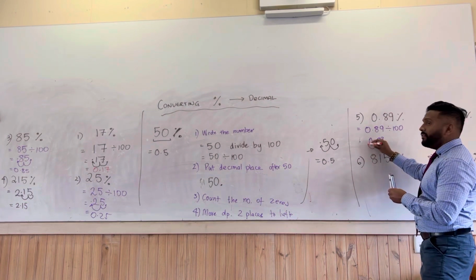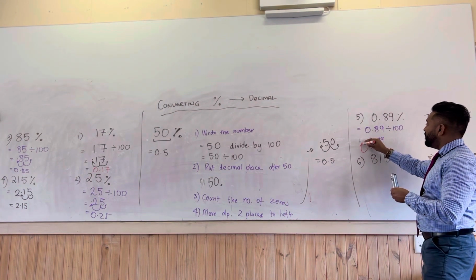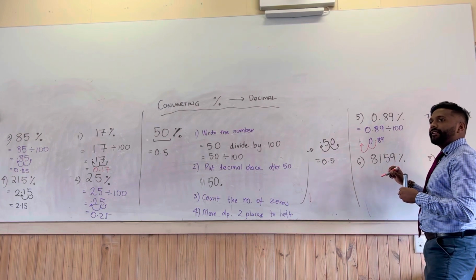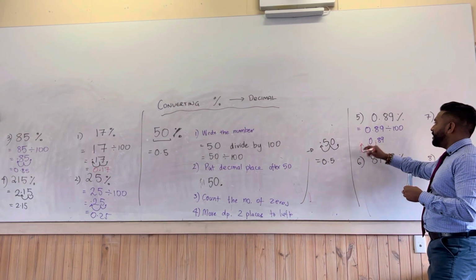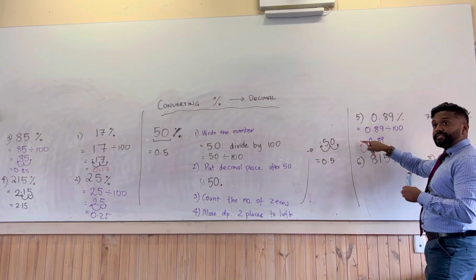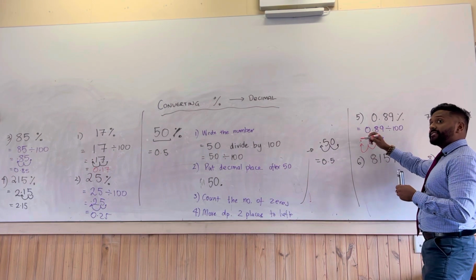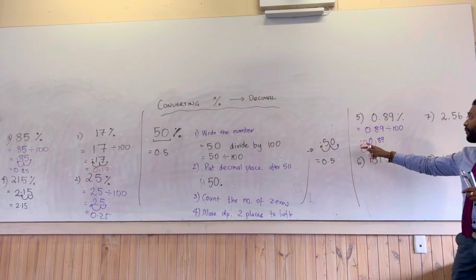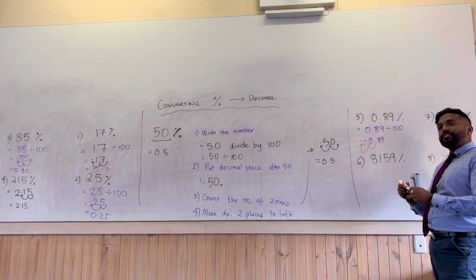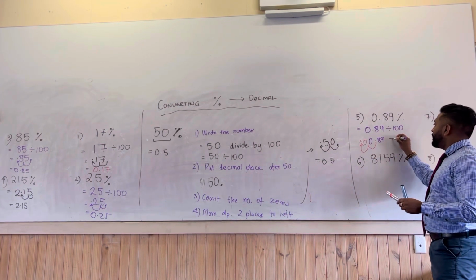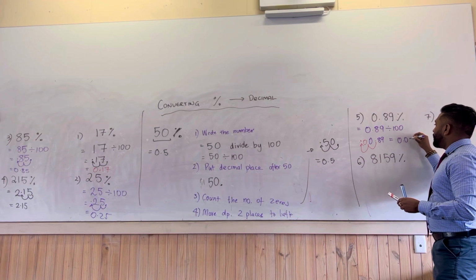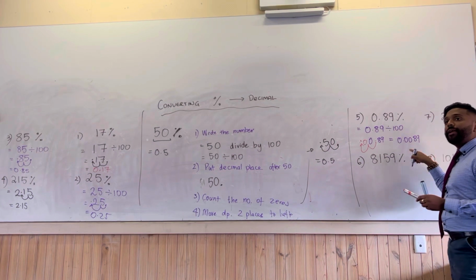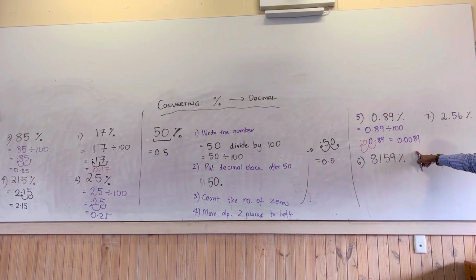So 1, 2. So I'll put the decimal place there. And now we haven't discussed this before, but we put a 0 where the loop is. You should all remember to do that. Where there's an empty loop, you put a 0. So what's the new number going to be, Ekim? Well done. A lot of people will struggle on this question.